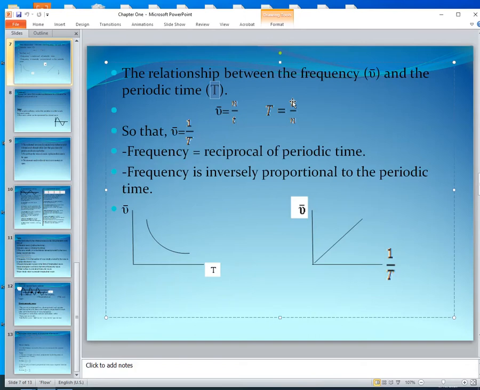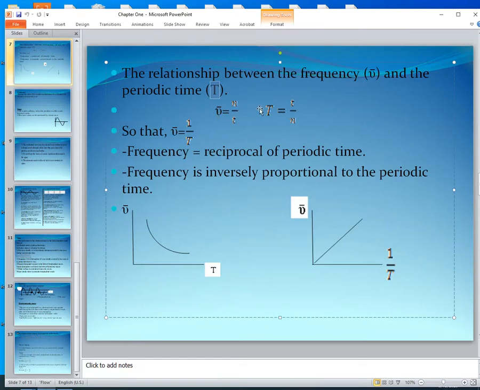T is the total time. N is the number of complete oscillations. So here the relation between nu and T, as you see here, T is the reciprocal of nu, and nu is the reciprocal of T. Then we can define the frequency.